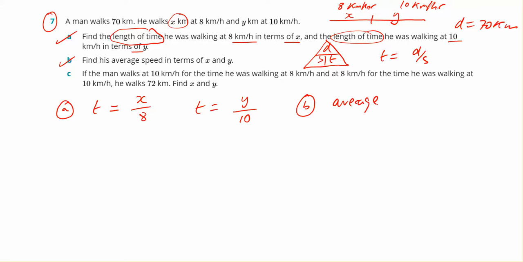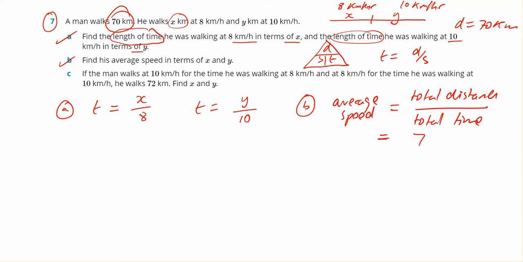Average speed is given by total distance divided by total time. Now the total distance is pretty straightforward because it says he walks 70 kilometers, so that's the total distance.